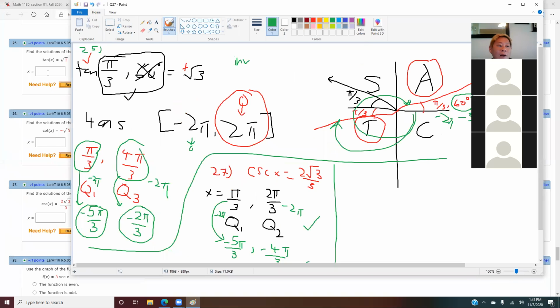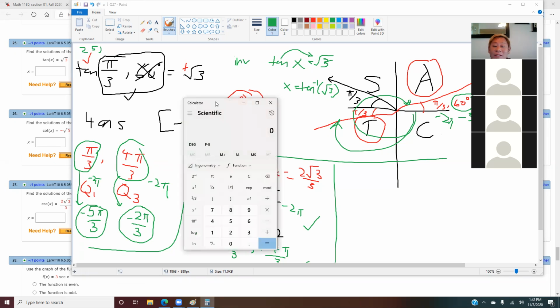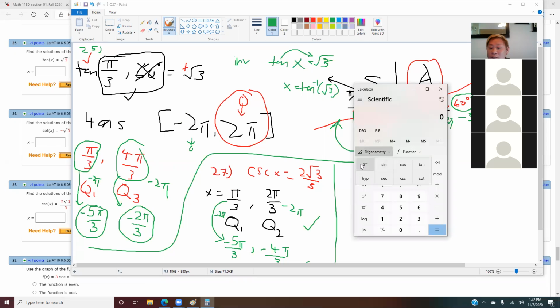If I want you to figure out tangent x is square root of 3, when you move the tangent over, you have the arctangent, or inverse tangent, of square root of 3. If you take out your calculator, it has an inverse tangent. If you do the inverse tangent of square root of 3, you get 60 degrees.